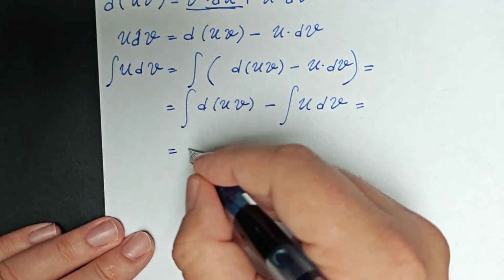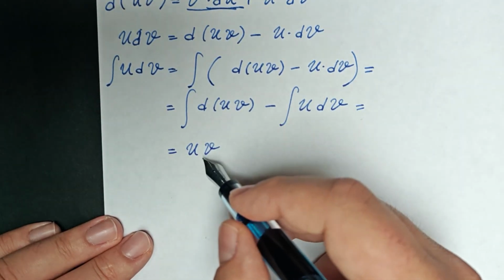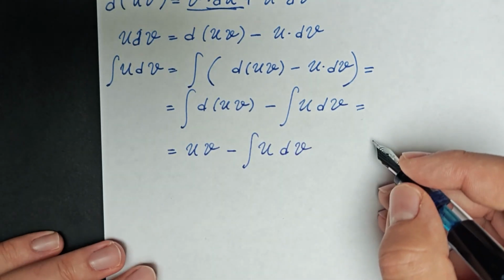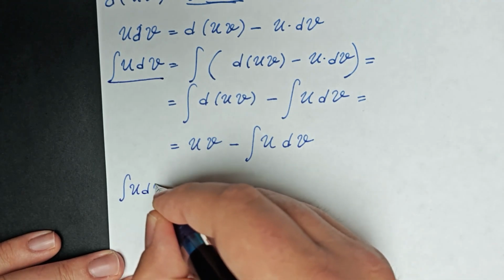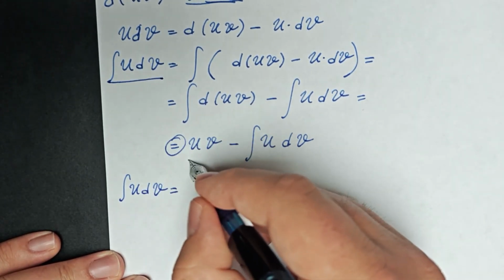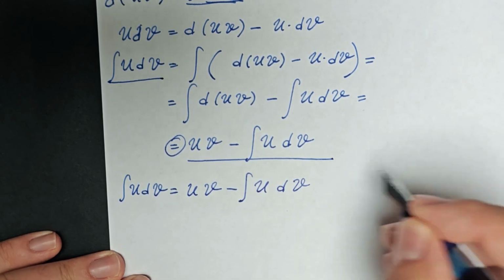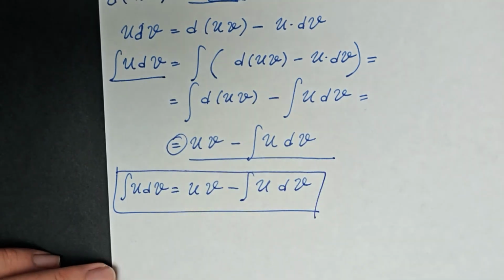So this is just uv, as integral of the differential of uv is uv, minus an integral of v du. What have we gotten? Integral of u dv is equal to uv minus an integral of v du. And this is the formula for integration by parts.